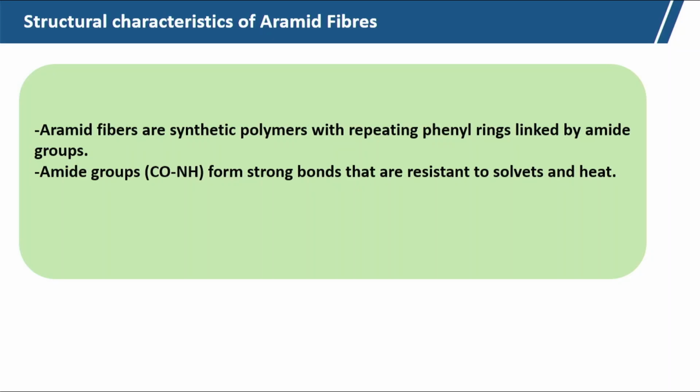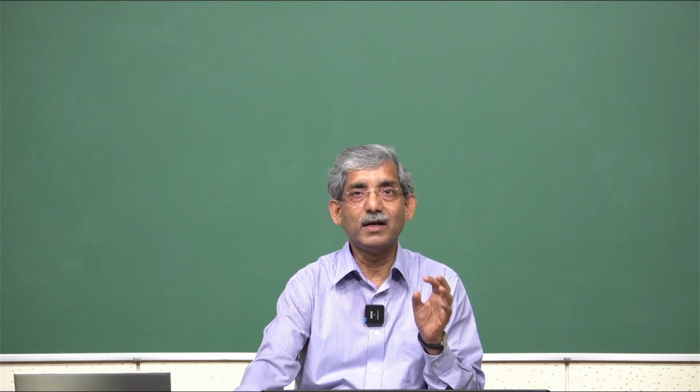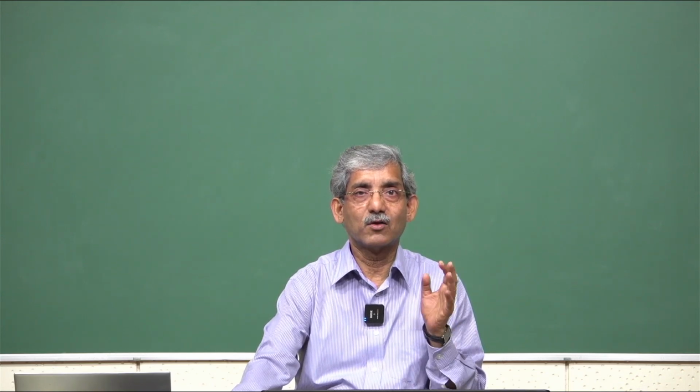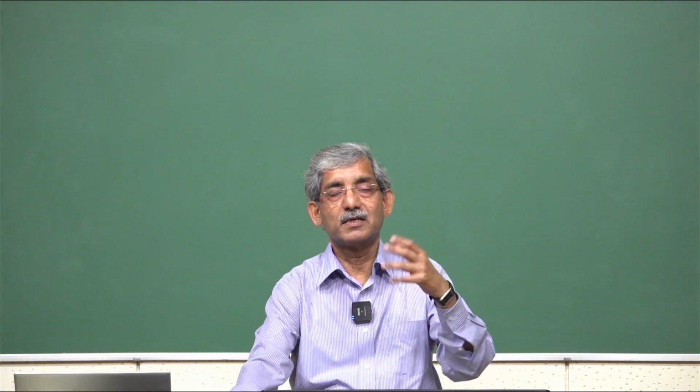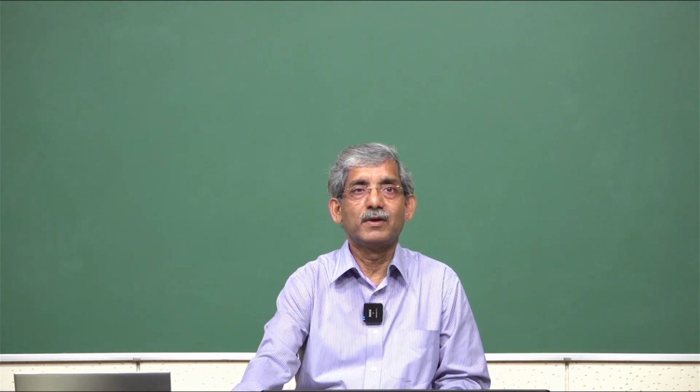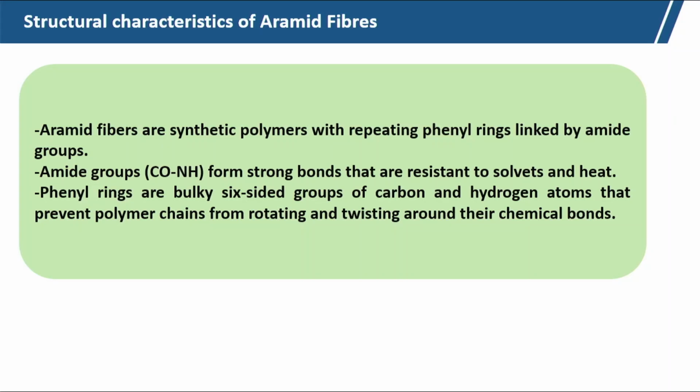So, that is why these aramid fibers are highly heat resistant, and they do not dissolve in a normal solvent. Phenyl rings are bulky 6-sided groups of carbon and hydrogen atoms that prevent polymer chains from rotating and twisting around their chemical bonds. So, they are a very rigid structure.